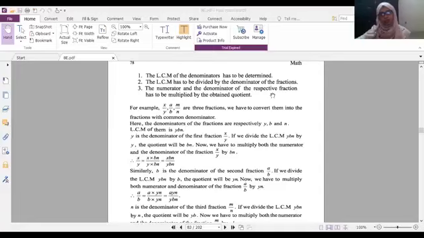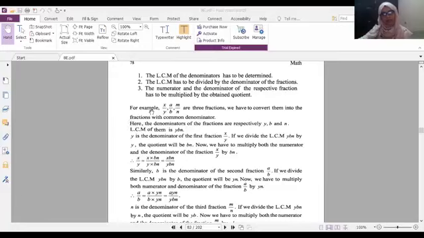Now, this numerator and denominator multiplied by this quotient yn, we get a into yn by b into yn. Here, a by b is equal to a into yn by b into yn is equal to ayn by byn.